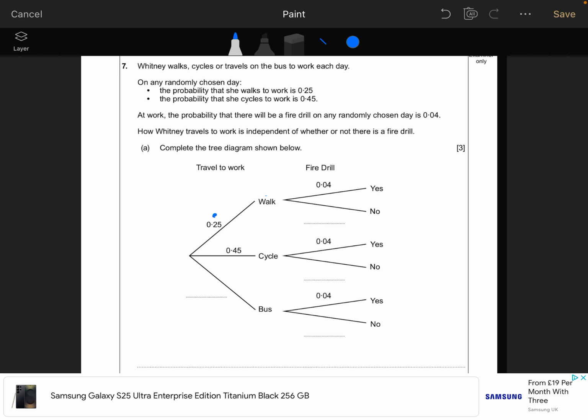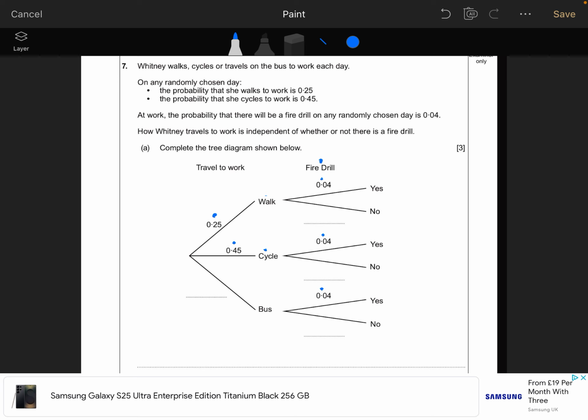The probability that she cycles to work is 0.45, and at work the probability that there will be a fire drill on any given randomly chosen day is 0.04. So 0.04 is the chance of having a fire drill, and that appears whether we walk, cycle or bus. That doesn't have any impact at all on whether there's a fire drill or not.